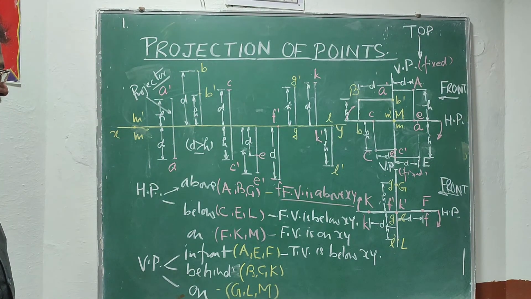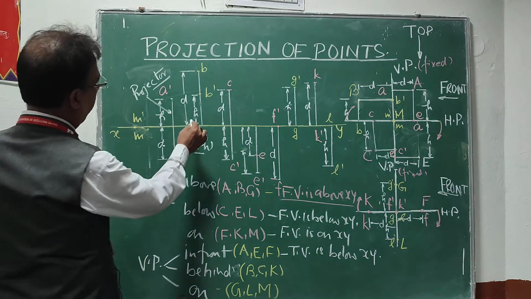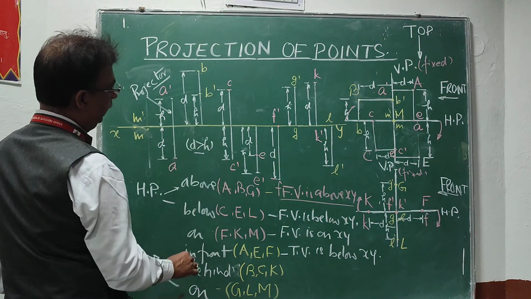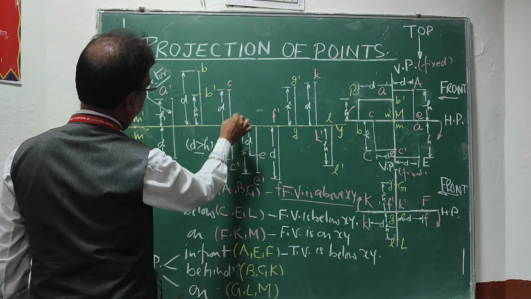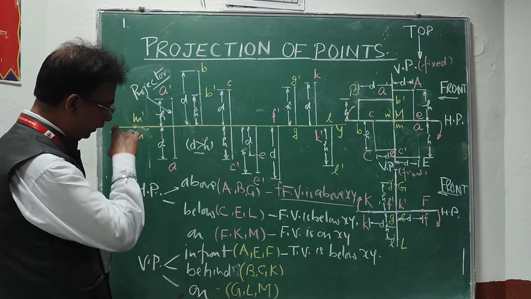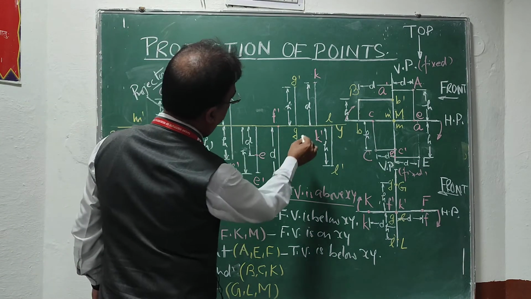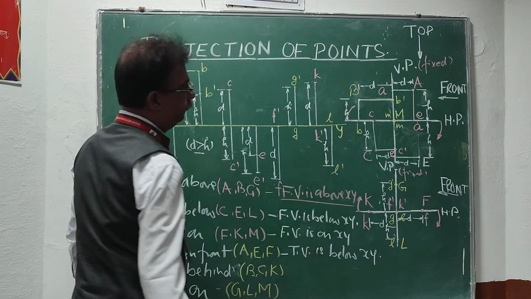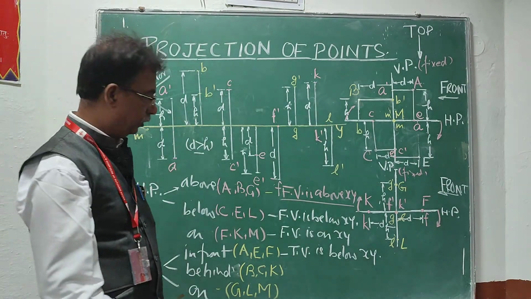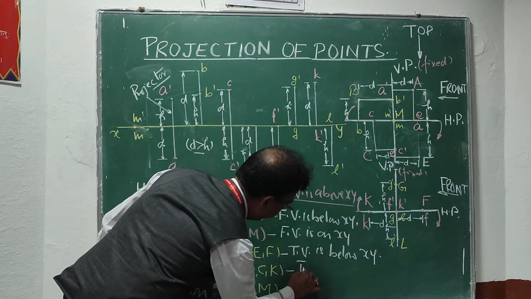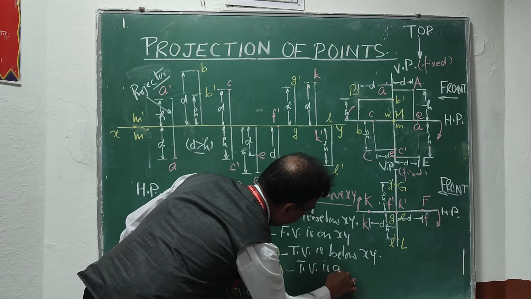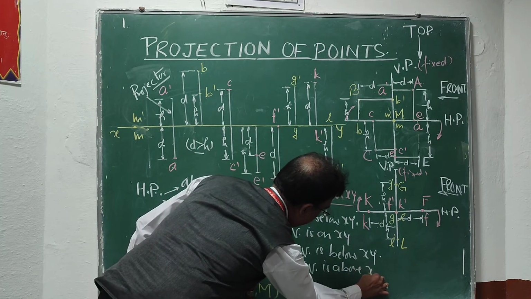Just the reverse of that: B, C, K. For B, top view and front view both will be above. For C, the top view will be above, front view will be below the reference line. For K, the top view will be above, front view will be on the reference line. So the common thing is their top view is above XY.